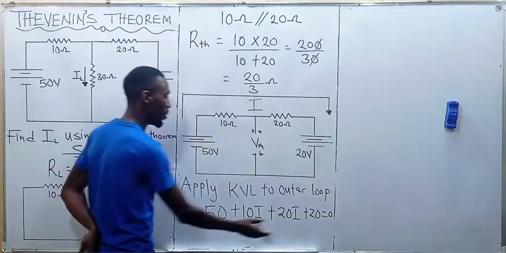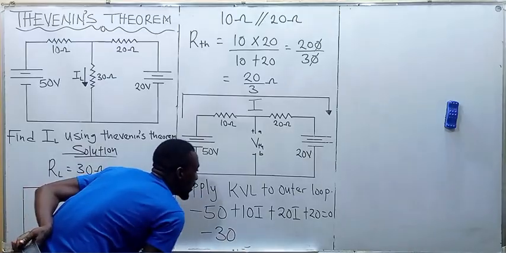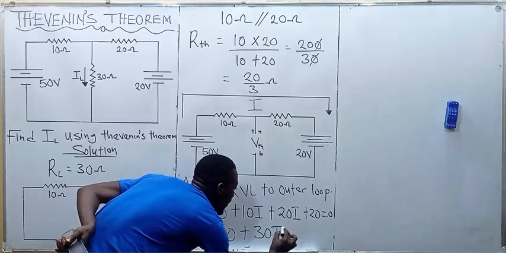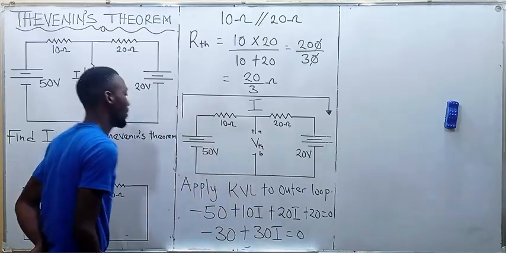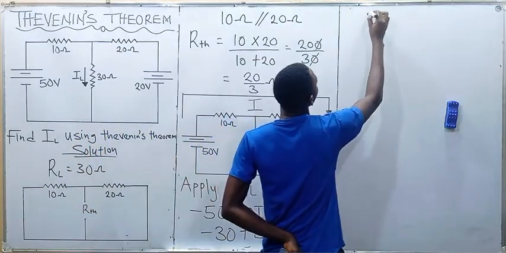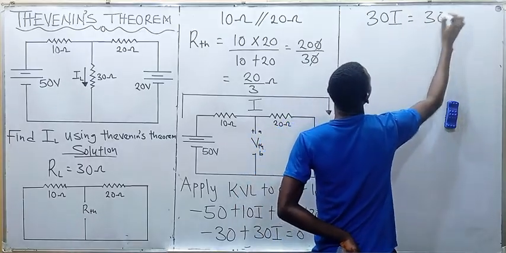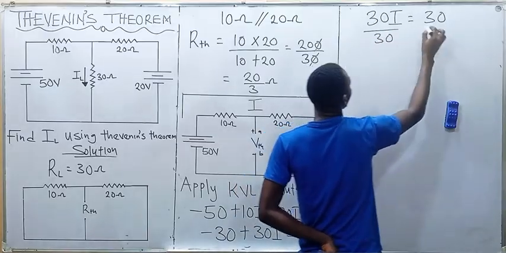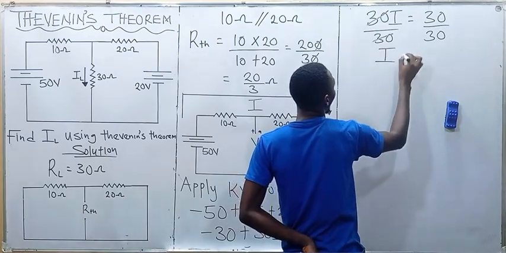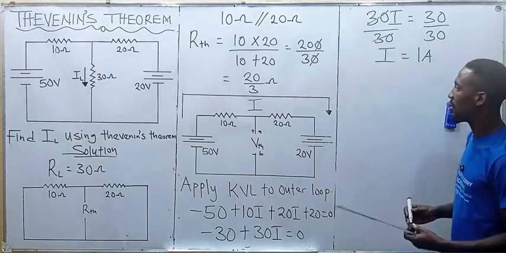So minus 50 plus 20 is minus 30, and 10I plus 20I gives us 30I. So 30I minus 30 equals 0. If we move the negative 30 to the other side, 30I equals 30. Dividing both sides by 30, our I equals 1 ampere. All right, so I've gotten our I.